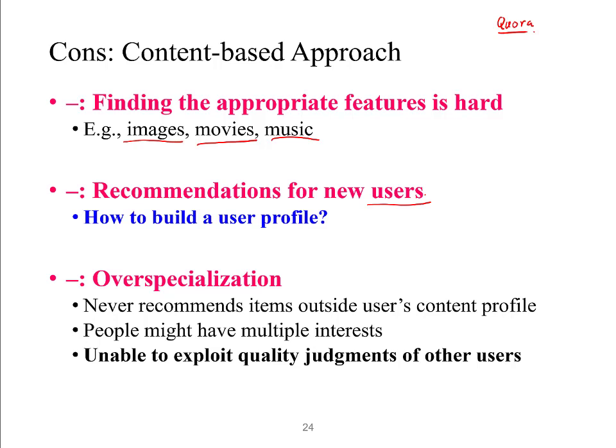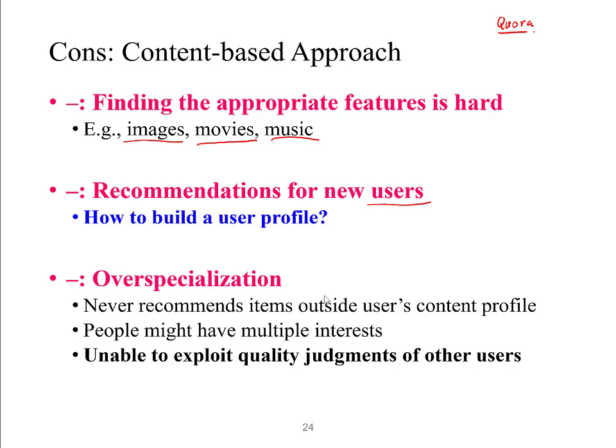But let's say I am indeed a fan of science fiction, but somehow I never bought a science fiction book online. So the problem is that the system does not know that I am a fan of fiction. It only knows that I am a fan of computer science books. But people do have multiple interests, just like me in that example. So the system over-specialized me. It never considered I could have other interests.